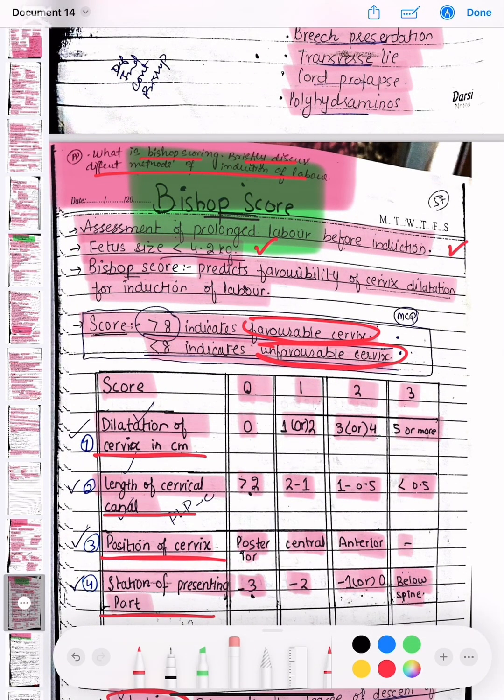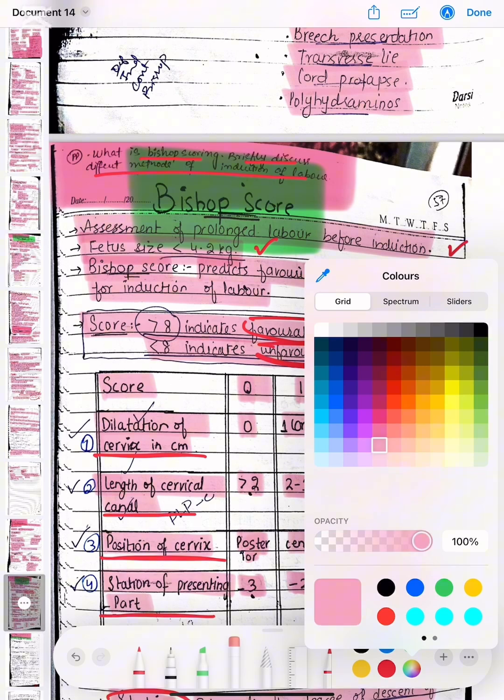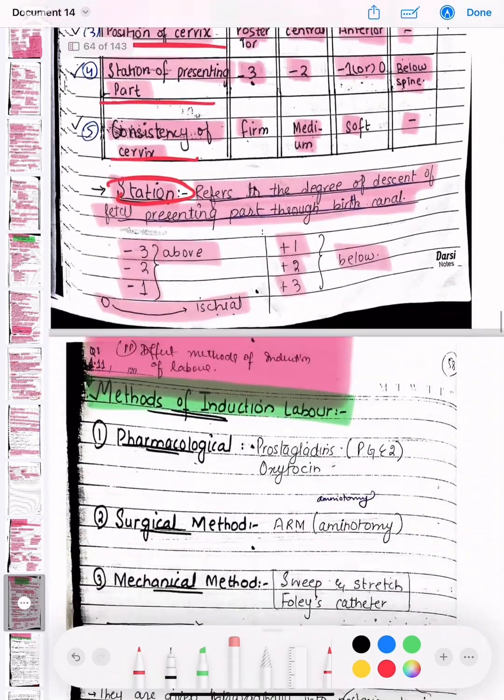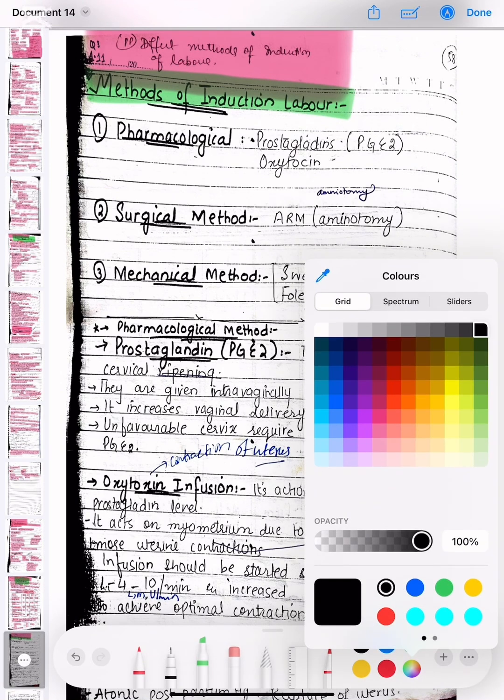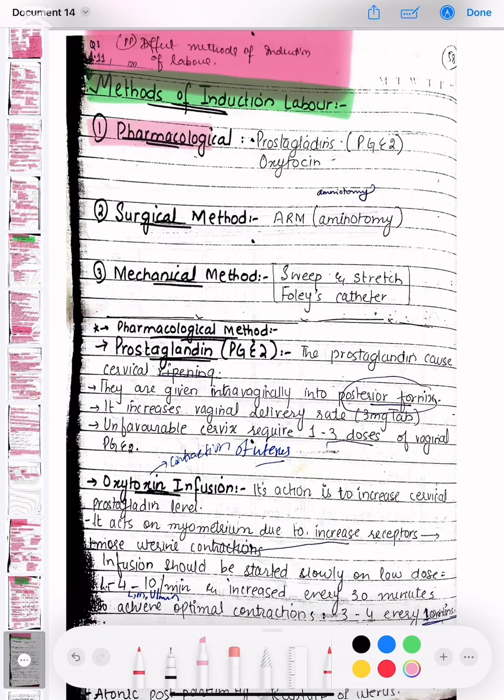So for the induction of labor, we are having the pharmacological methods, then the surgical methods, then the mechanical methods.